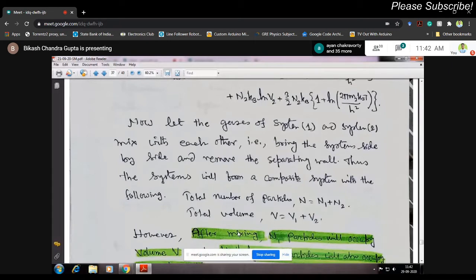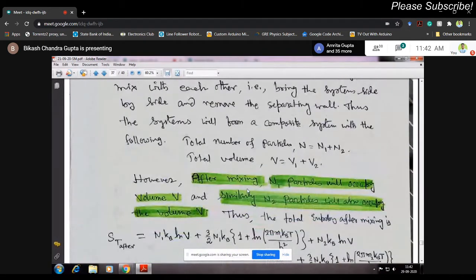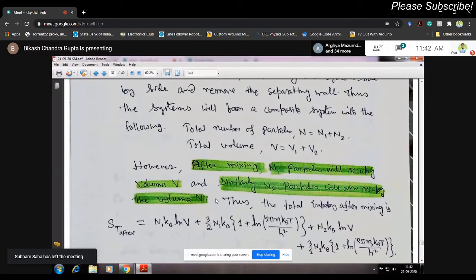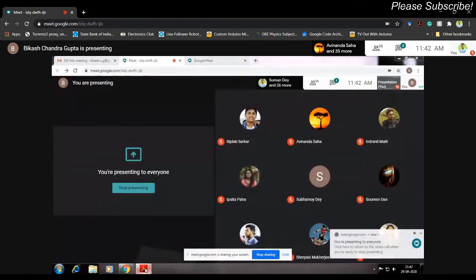Then the total number of particles is N equals N1 plus N2. Total volume V equals V1 plus V2. Now after mixing, N1 particles will occupy the volume V, and similarly N2 particles also will occupy the volume V, because you cannot restrict them. They will mix and travel the entire space, because according to a priori probability they could be holding any position within the system.